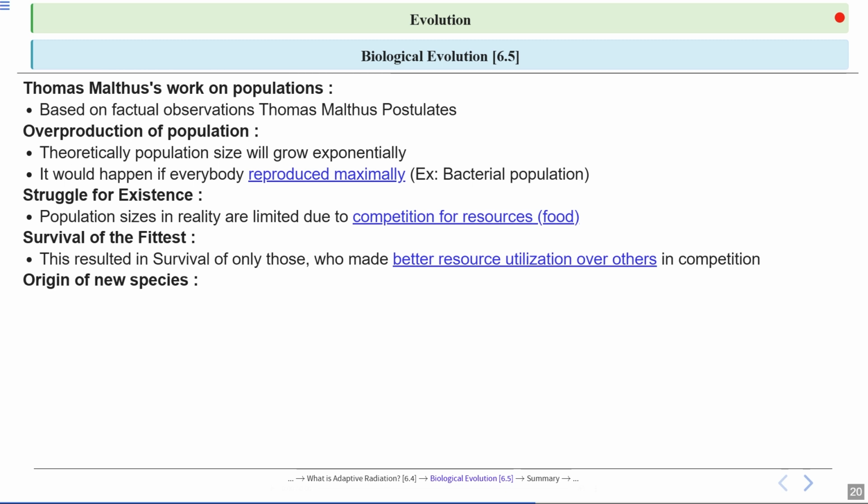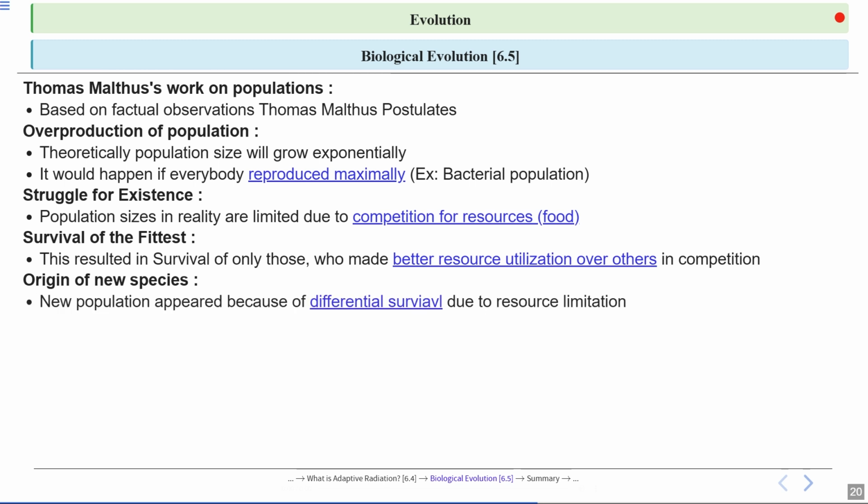Those species or individuals which were able to adapt to the environment and better utilize the resources were selected in the next generation, and there was origin of a new species. New populations appeared because of differential survival due to resource limitation. Clear? So the individual, species or population which was able to better utilize the resources was selected and survived, and the rest of the individuals perished.